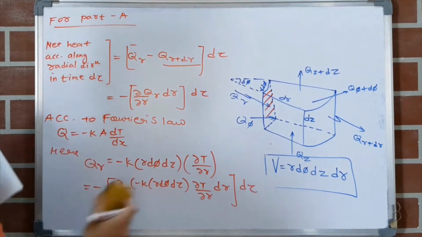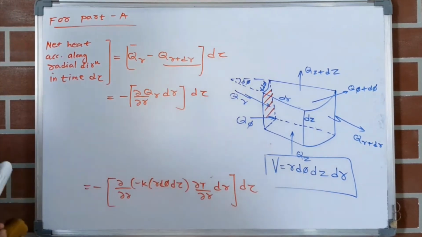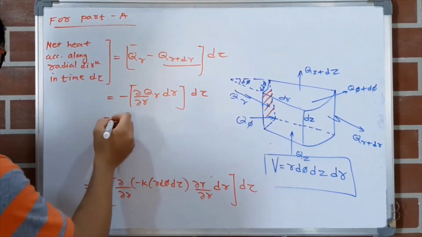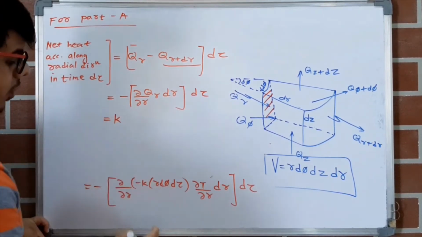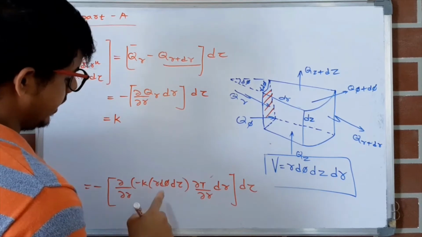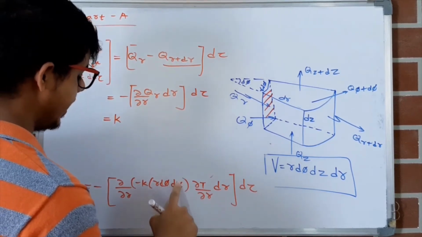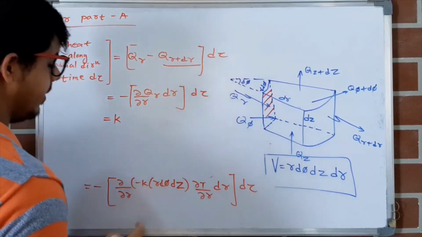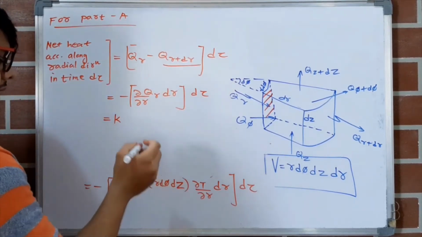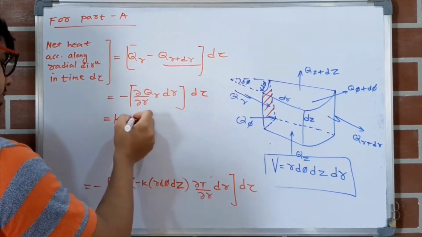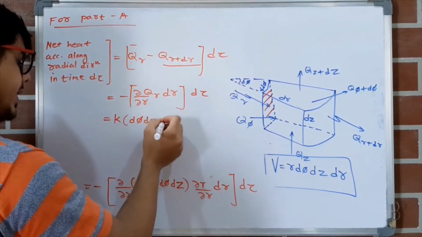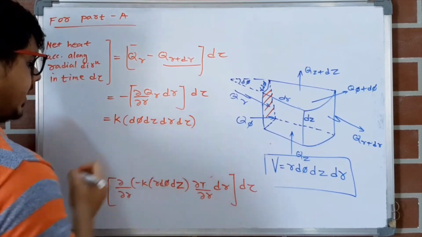Now I will rub this much part. So it will be minus minus plus, and k out. Now what can we bring out? This dφ, dz, dτ and dr we can bring out. So it will be k into dφ dz dr dτ.